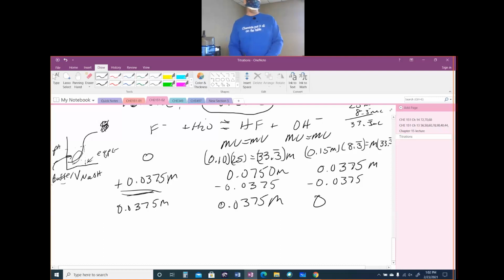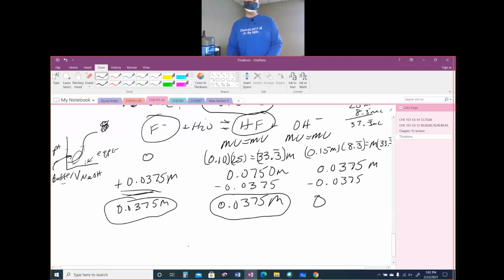So anytime you are not to the equivalence point, like the half equivalence point, you are a buffer. And so what do you have? You have a concentration of your weak base, 0.0375. You have a concentration of your weak acid, what is it? 0.0375. And you have zeros for any H plus or OH minus.